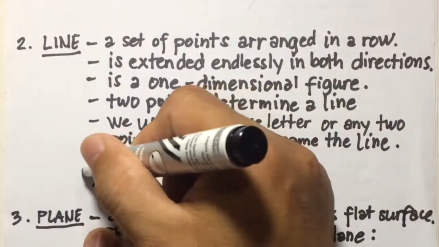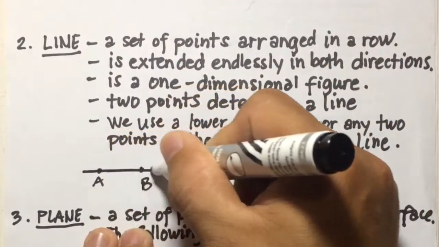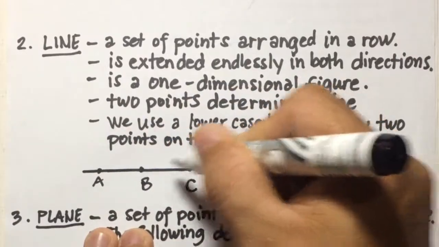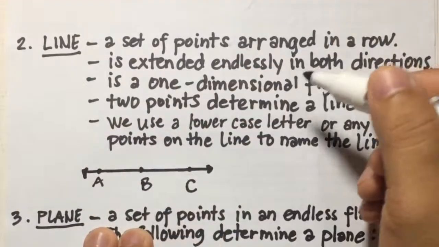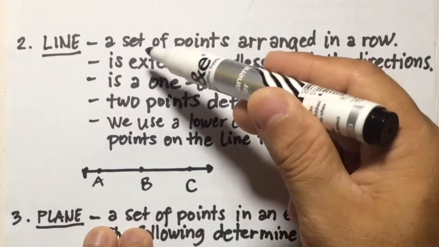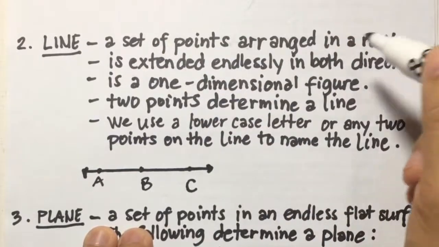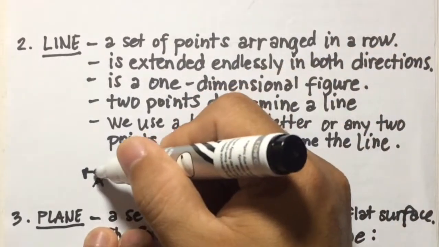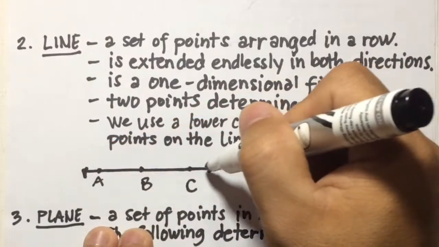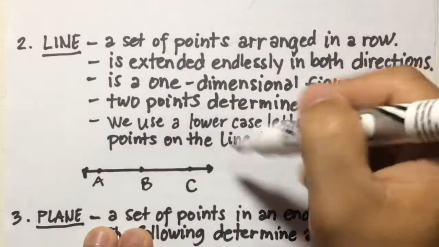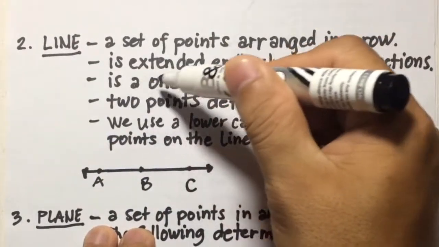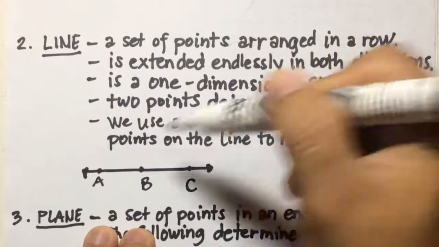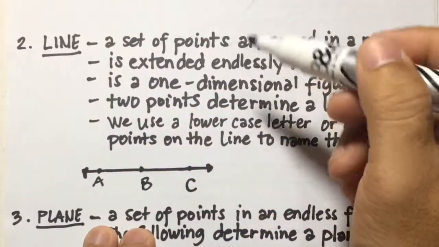So we can draw a line here using the points A, B, and C. Then it is extended endlessly in both directions. So it is extended towards the left and it is also extended towards the right. Then this is a one-dimensional figure because it has a length.